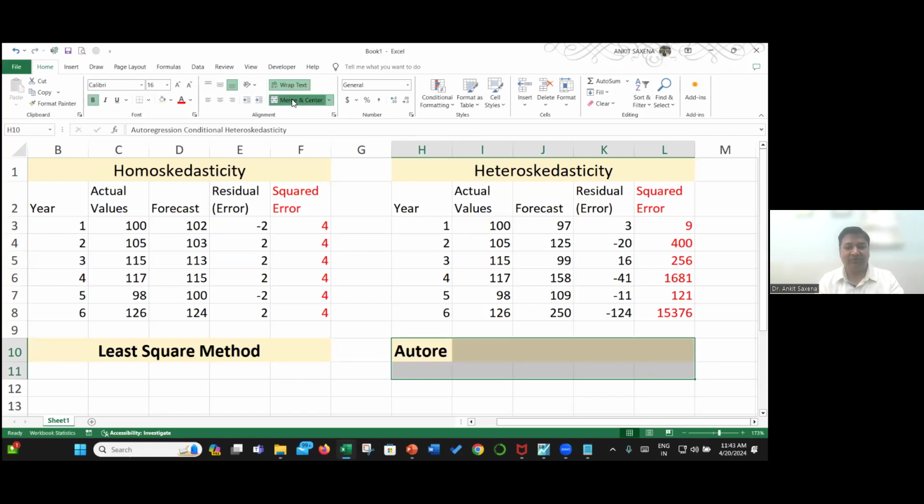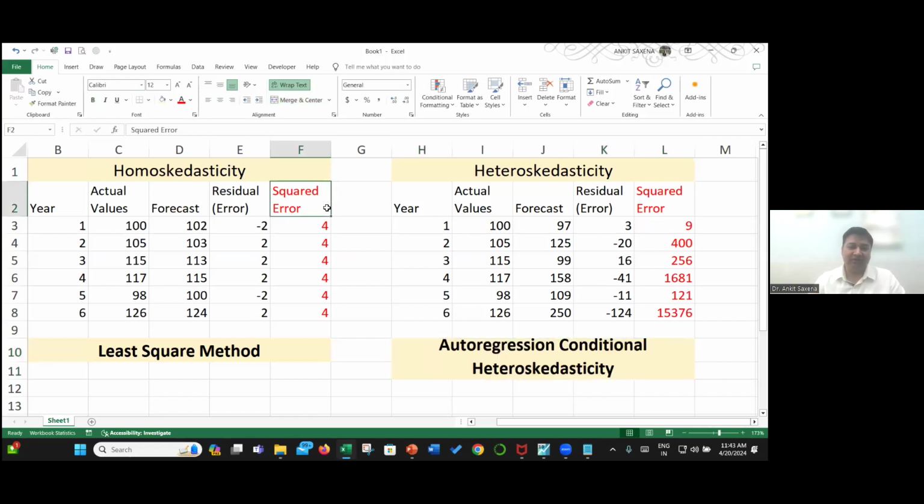So when you have homoscedasticity in your data, you will be using least square method. But if you have heteroscedasticity in your data, you should not be using least square method, because it's not a method meant to handle variables with the problem of heteroscedasticity.